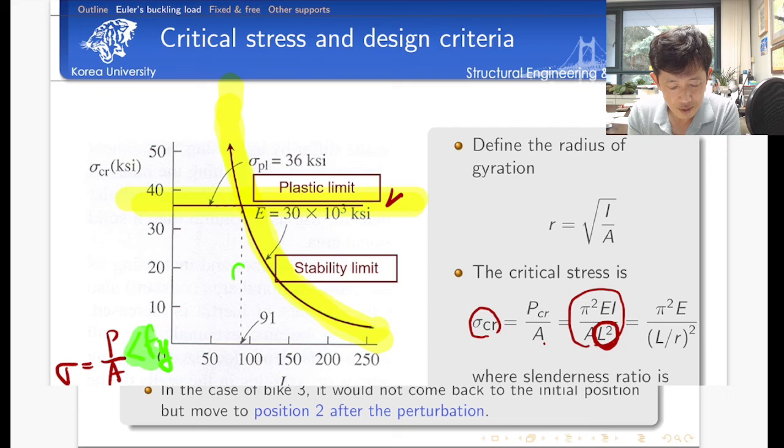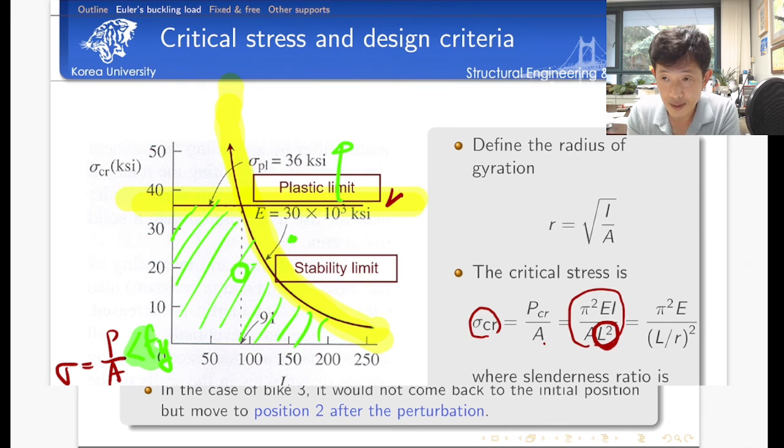My safety limit should be here, right? This is the safety domain. If my stress value is out of the safety domain, this is not safe. Above here, it fails by plasticity, and here, it fails by stability.